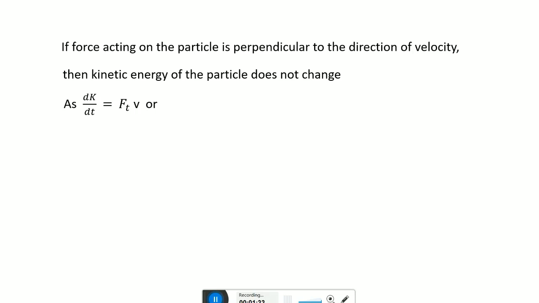If the force acting on the particle is perpendicular to the direction of velocity, meaning theta is equal to 90 degrees, then the kinetic energy of the particle does not change. As we know, dK by dt is equal to Ft into v, or dK is equal to Ft into v dt.